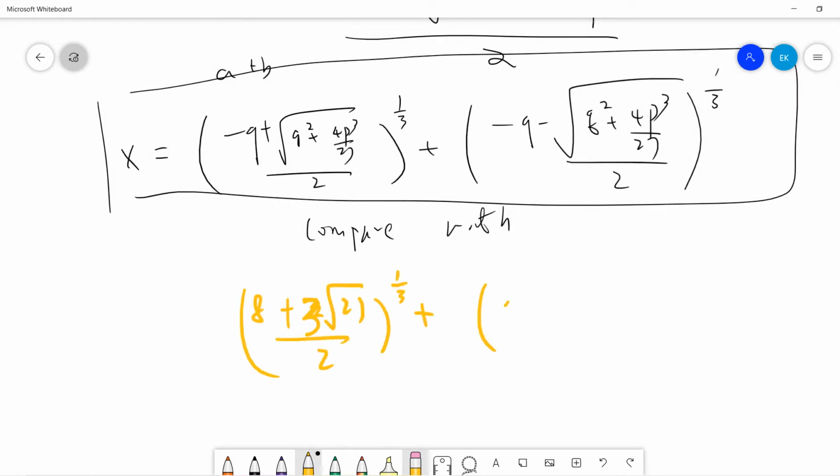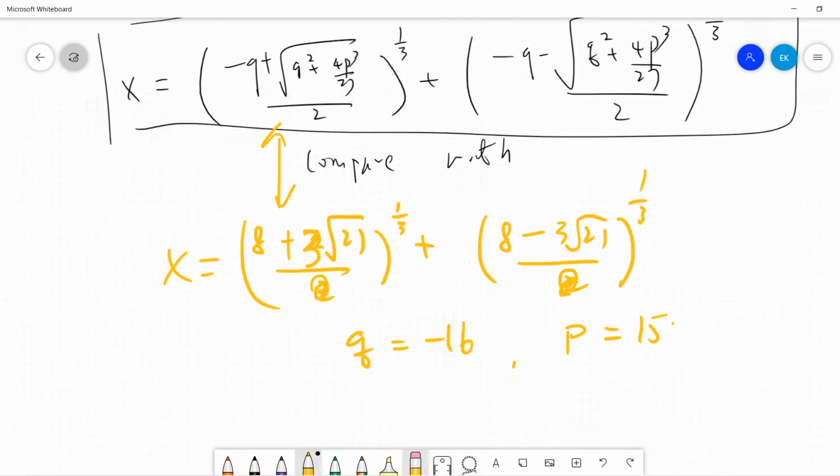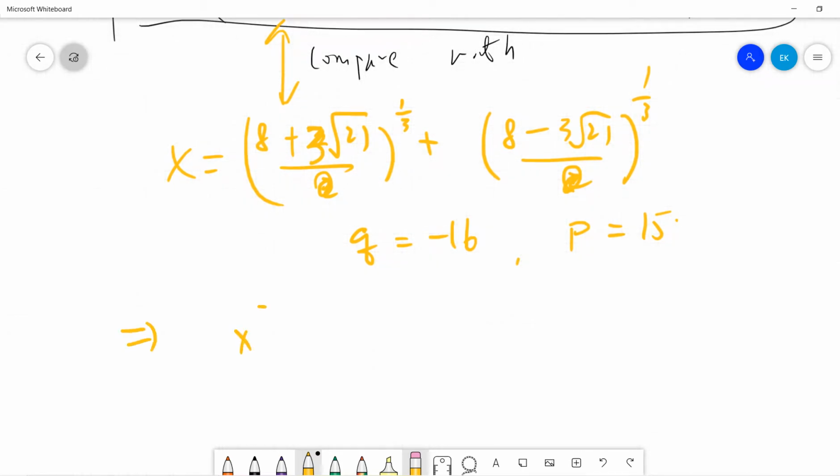Sorry, there's no 2 here. Combine this, you get q should be negative 16, and you can easily check by yourself that p should be 15. So you just go back to your x cubed plus 15x minus 16.